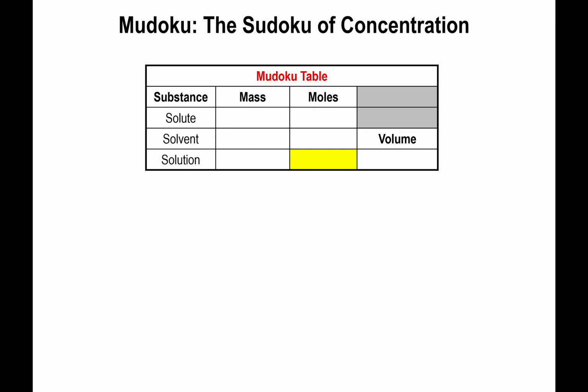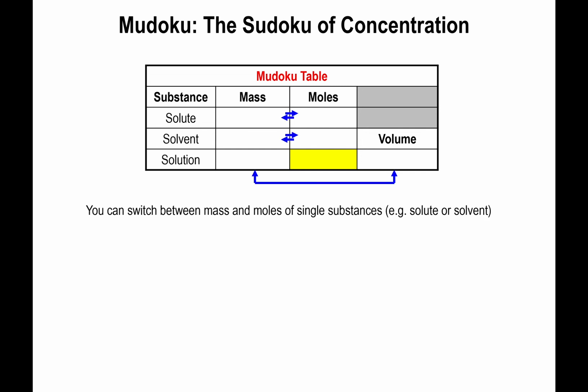Alright, now here are the things that you have to keep in mind. In terms of switching over from mass to moles, you can do this directly for the solute and the solvent. But that conversion cannot be done with the mass and the moles of the solution. That direct conversion you cannot do. I'll show you the way in which you can actually go from mass to moles, but it will not be direct. The one thing that you can do, however, is switch between the mass of the solution and the volume of the solution.